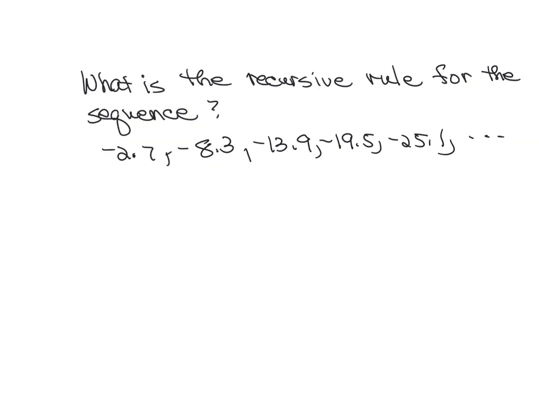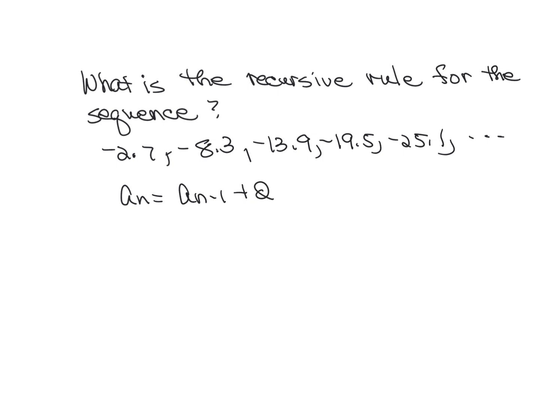All right, what is the recursive rule for the sequence negative 2.7, negative 8.3, negative 13.9, and so on? So we have to know the rule for the recursive formula, and the rule is a sub n is equal to a sub n minus 1 plus d.